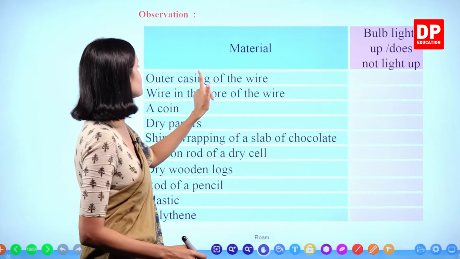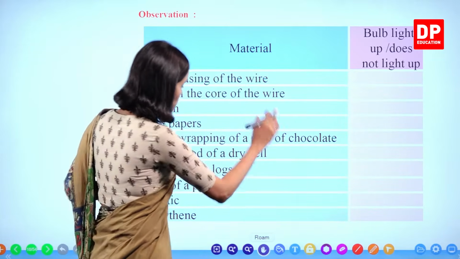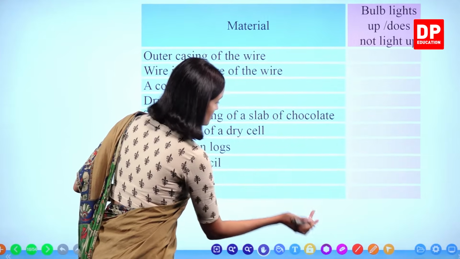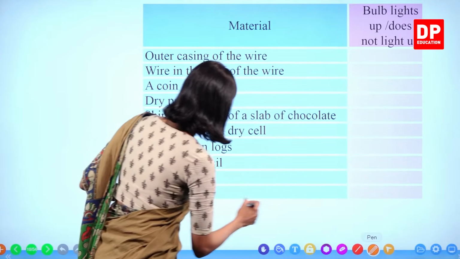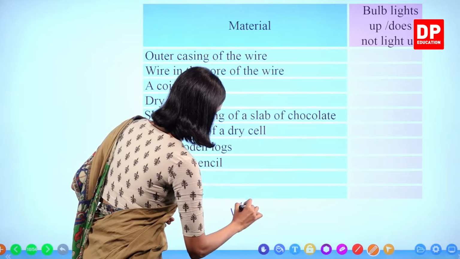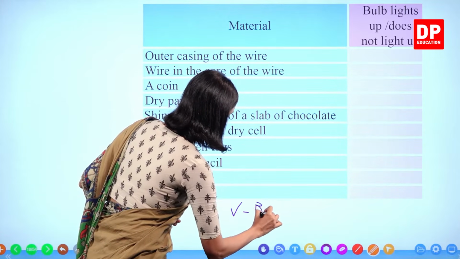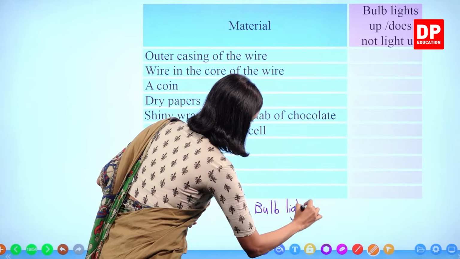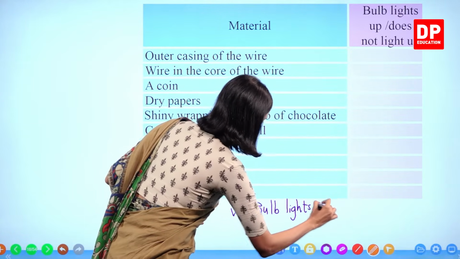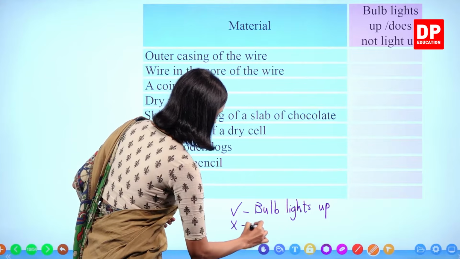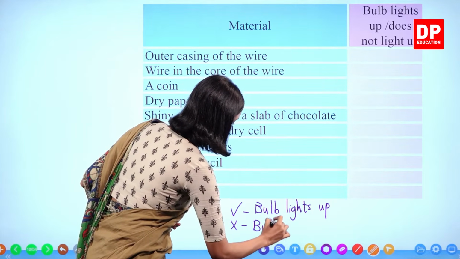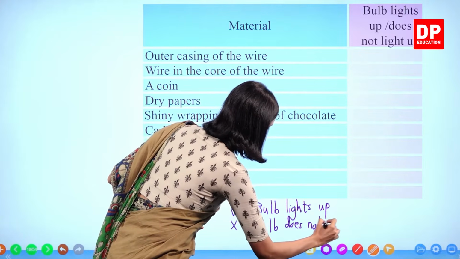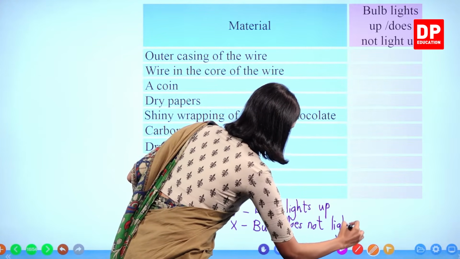So, outer casing of the wire. First of all, before I write this one, I will mention that. Tick, bulb lights up. Cross, bulb doesn't light up.